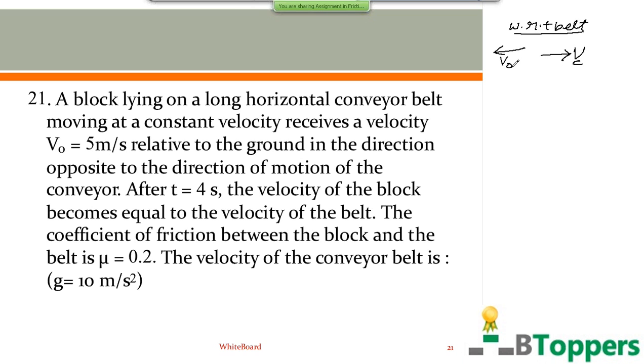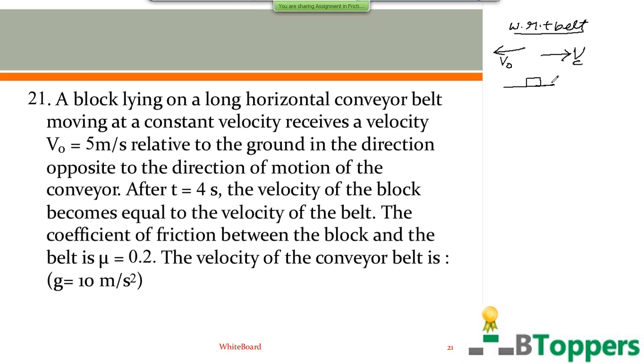V0 is the actual value of the initial velocity of the block relative to the ground, and Vc represents the magnitude of the velocity of the conveyor belt with respect to a stationary observer on the ground. So the velocity of the block relative to the belt is towards the left side.